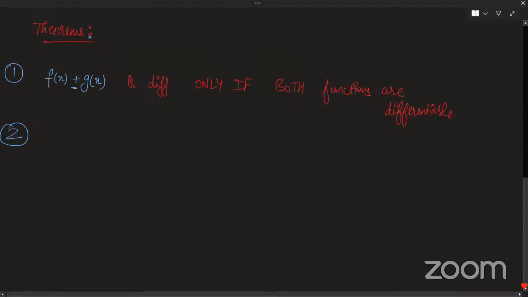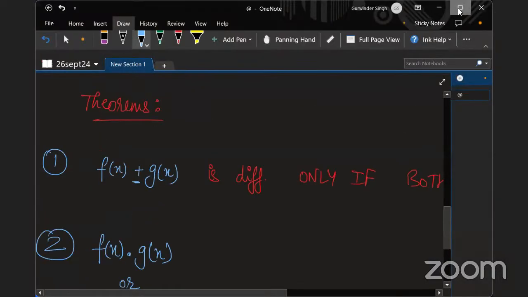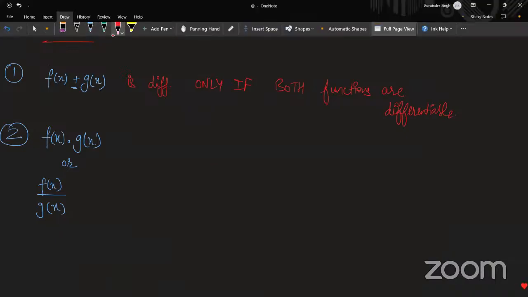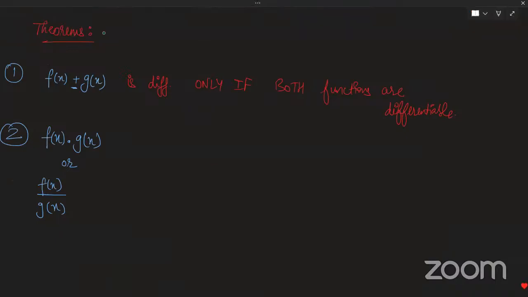Fine. Then it is the other way around in product. In continuity, what was happening? If I assume that one of the two functions was non-continuous, the entire product or the entire division was not continuous, right?